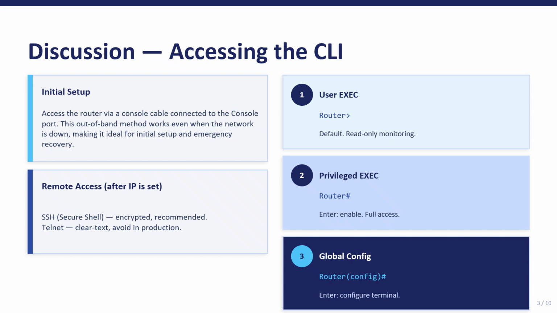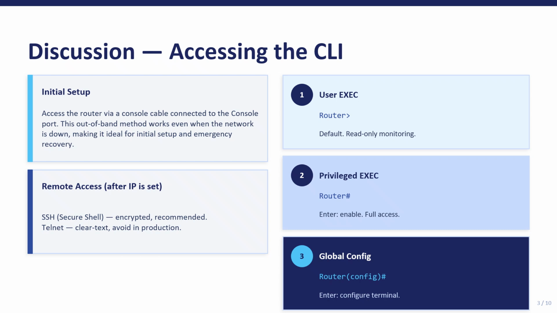Once the router has an IP address, we can also manage it remotely using Secure Shell, which is secure and encrypted, or Telnet, which sends everything in plain text and should be avoided in real environments.